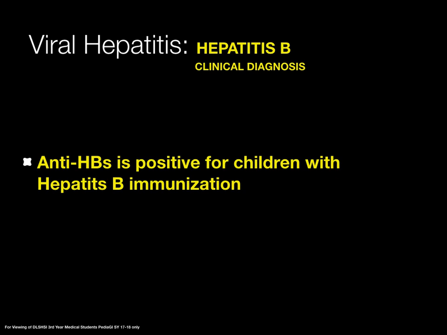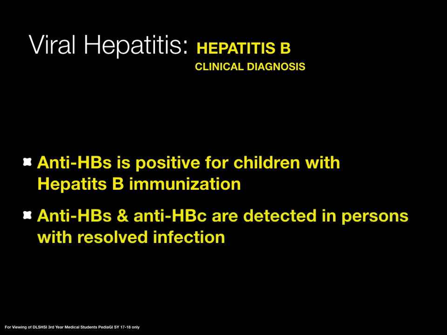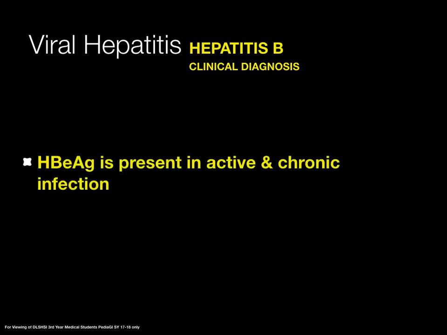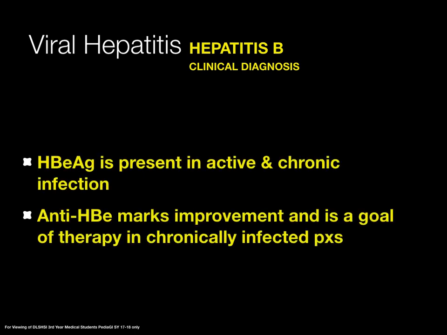Anti-HBs is positive in children with hepatitis B immunization, and anti-HBs and anti-HBc are detected in persons with resolved infection. HBe antigen is present in active and chronic infection, and anti-HBe marks improvement and is a goal of therapy in chronically infected patients.